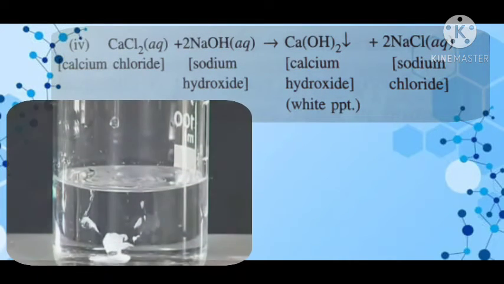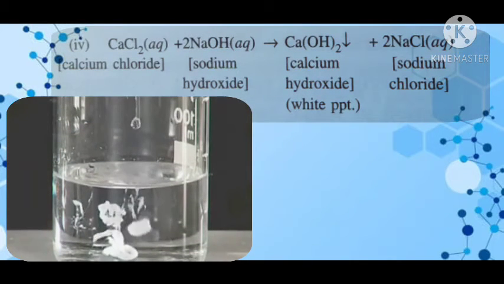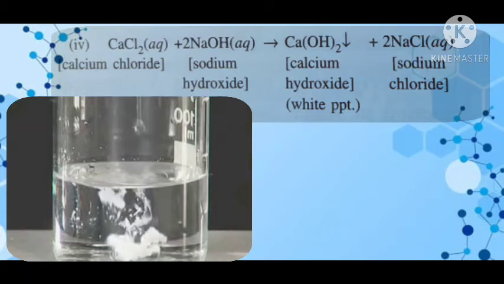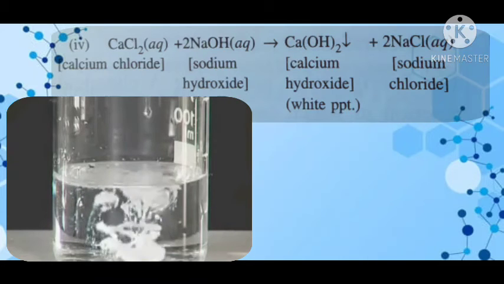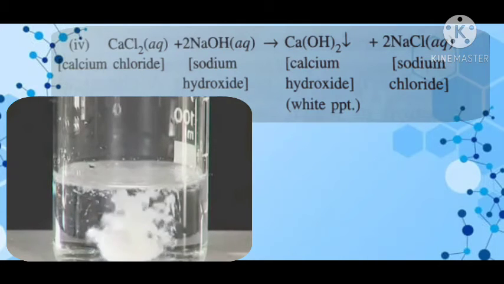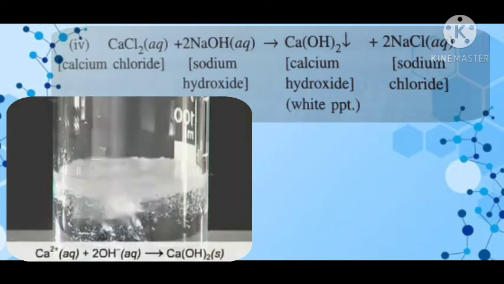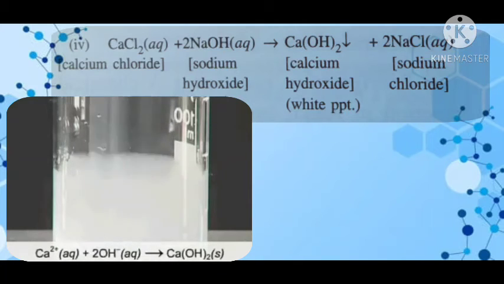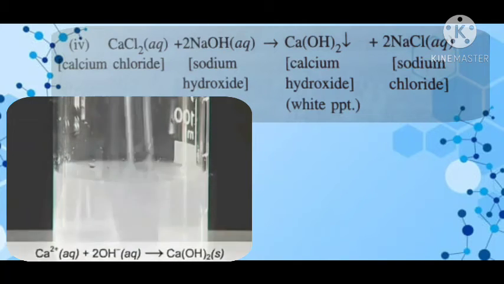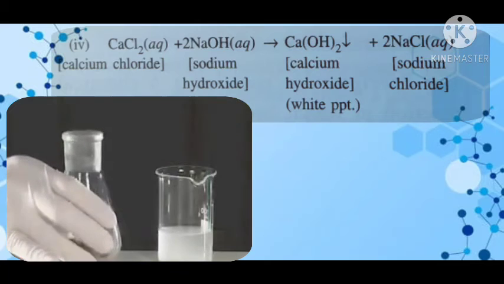In the double displacement reaction of aqueous solution of calcium chloride and sodium hydroxide, a white colored precipitate of calcium hydroxide and sodium chloride solution is produced.